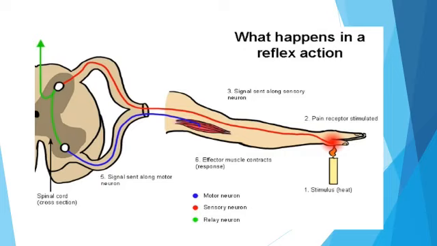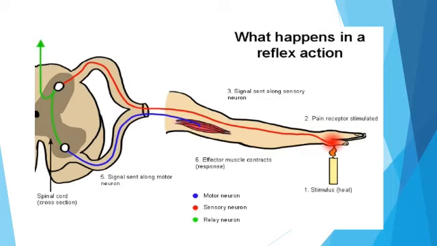hot object. Here you find that the message from the finger does not travel all the way to the brain. The message reaches the spinal cord. Then the spinal cord processes the message and a new message travels back along nerves to the muscles in your hand.